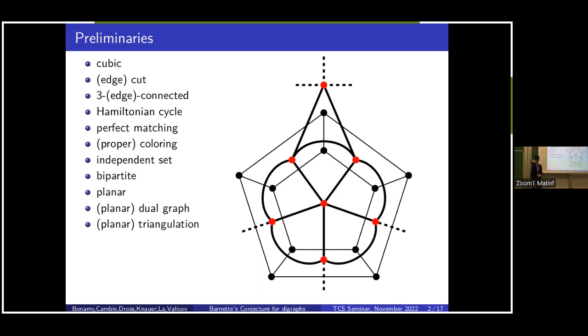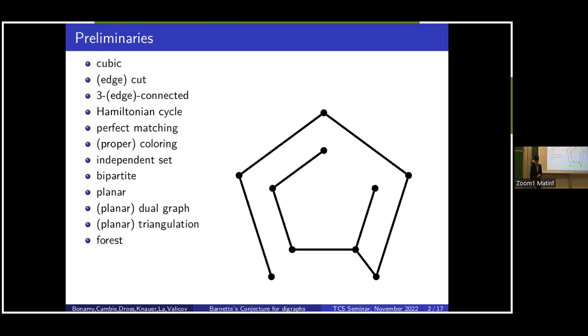And now, when your graph is cubic, then your dual graph must be a triangulation, right? Every face has size exactly 3. And actually, the dual of a simple triangulation is not only cubic, but also 3-connected. So you can try to make a little drawing to see why, when your graph is simple, you cannot have an edge cut of size 2.